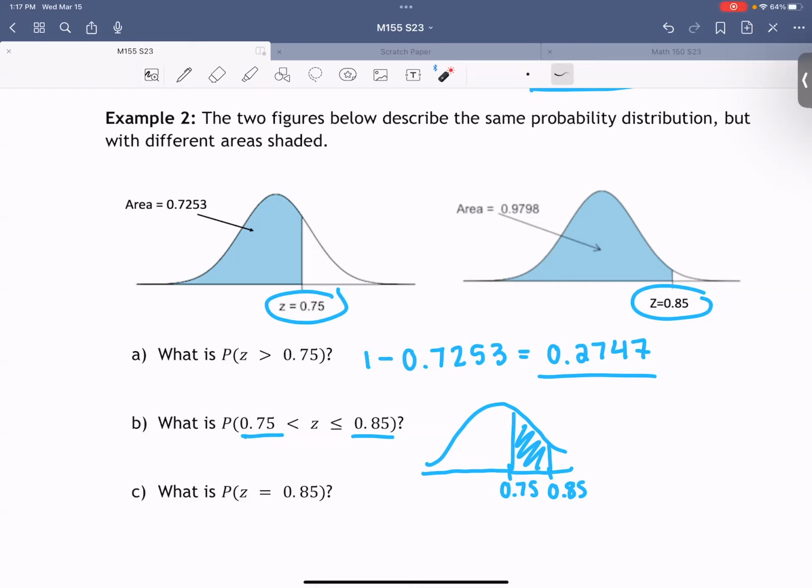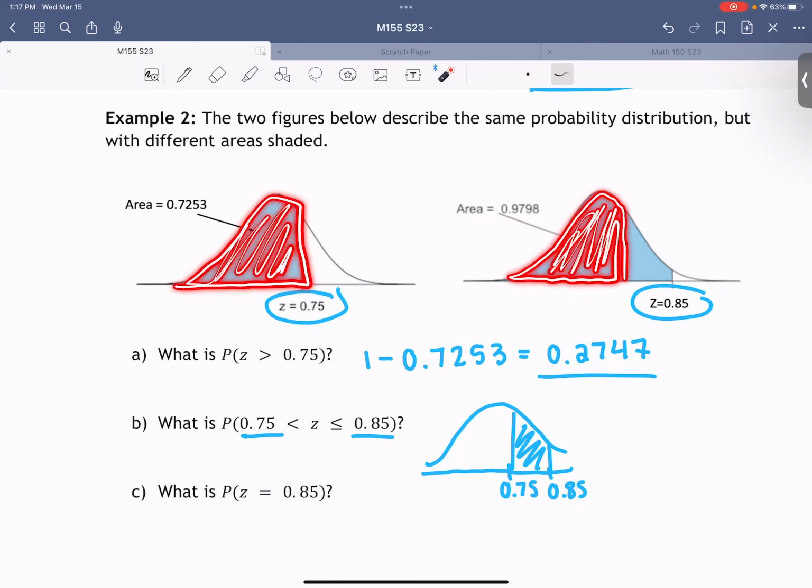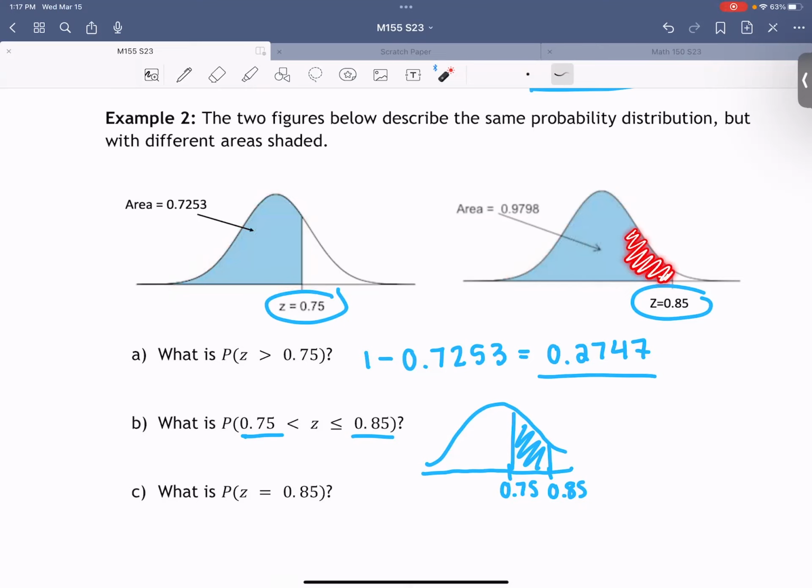So what you have to do for these questions is take this whole area and subtract this area off of it. Let's say I superimpose this graph on top of the right graph. It would look like this, right? If you take the big graph and subtract off the small graph, you're left with what's in between.